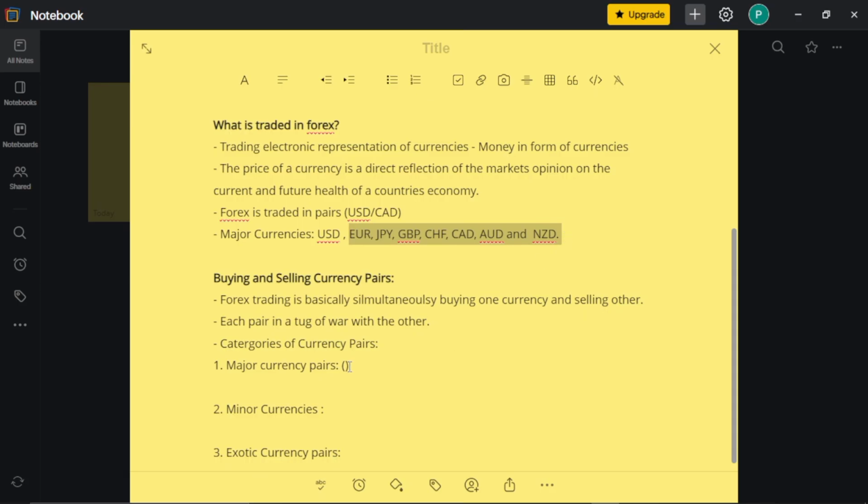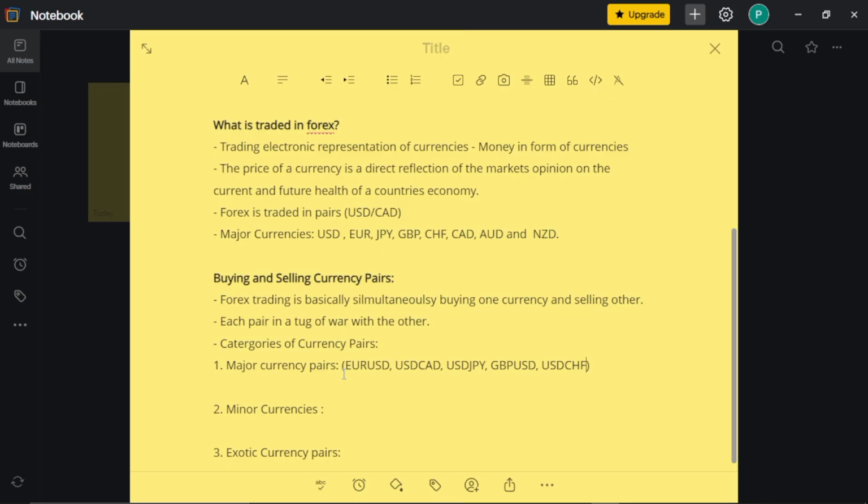So let me give you an example. You have the Euro USD. This is a major currency pair. You have the USD CAD. This is another major currency pair, right? You have the USD JPY. This is another major currency pair. You have the Great British Pound US dollar. Another currency pair, you have the USD CHF.